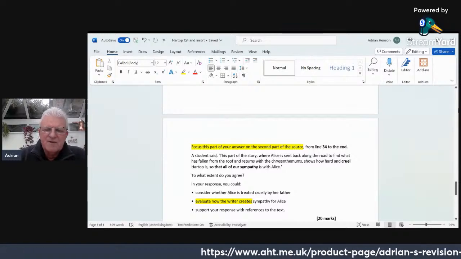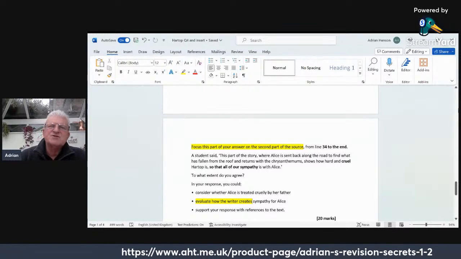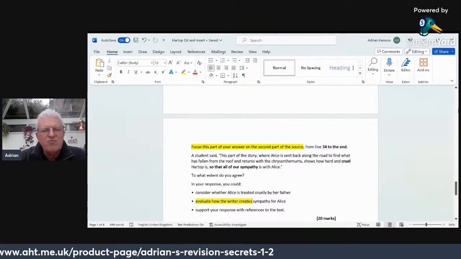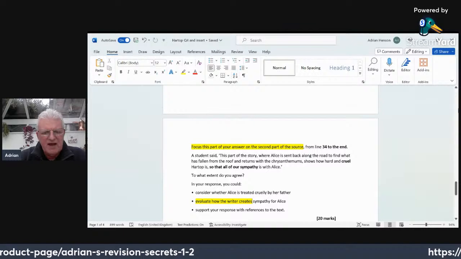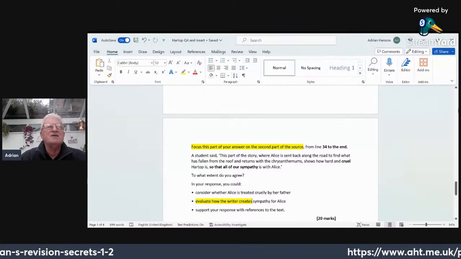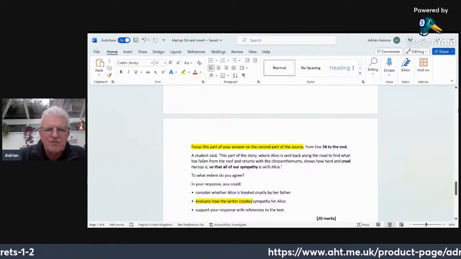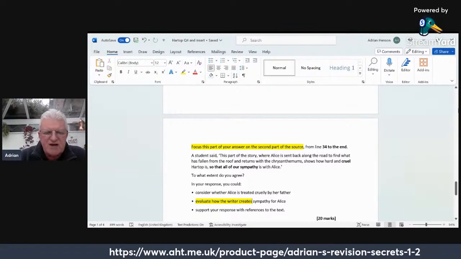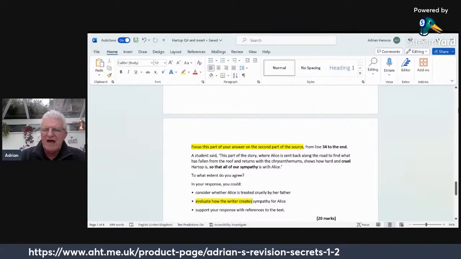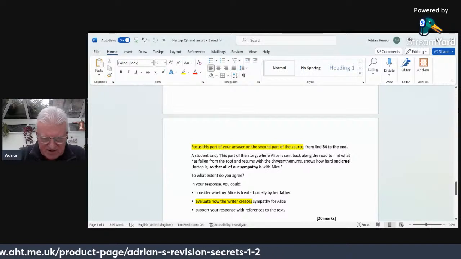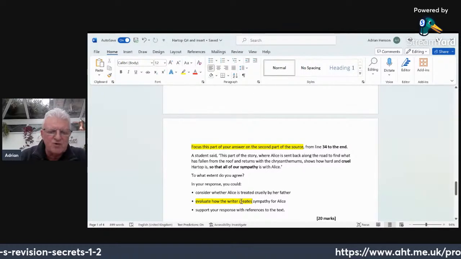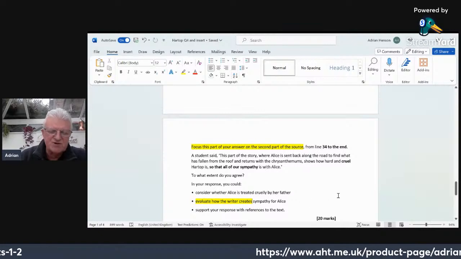And in this case, I would say, what is it that the writer is deliberately writing in the source to create the impact of our inferences about what we think is happening between Hartop and Alice in this particular extract. It does say at the bottom, support your response with references to the text.